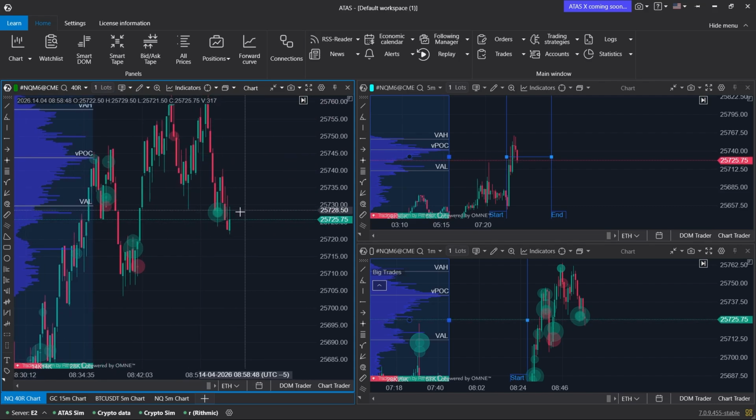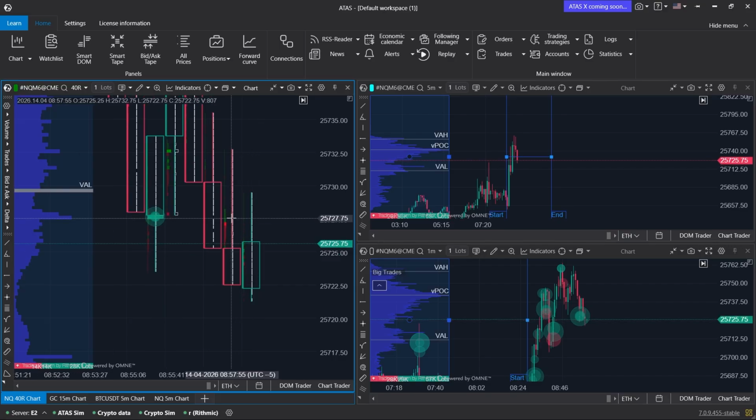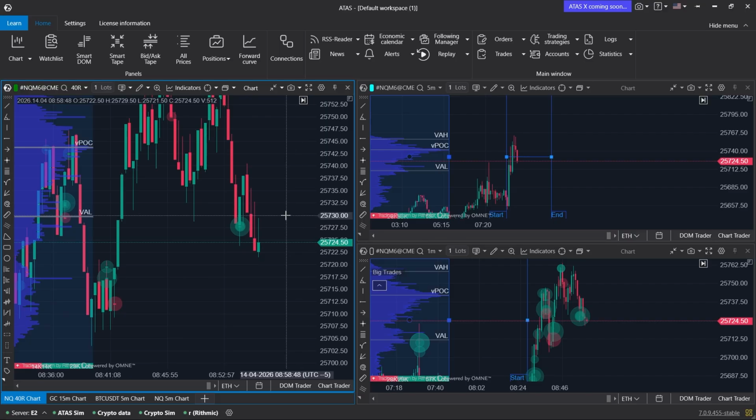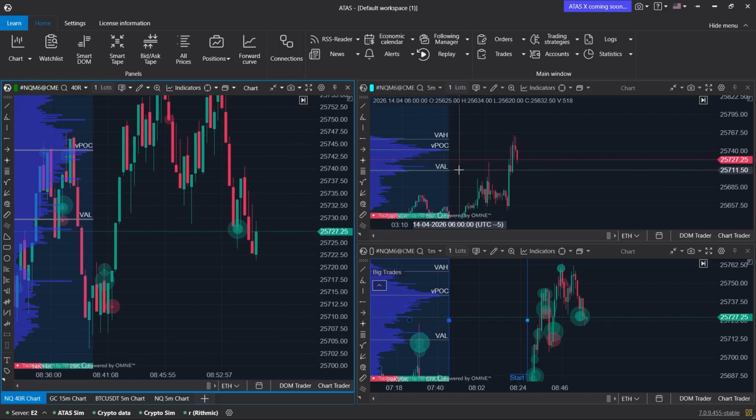I'm currently seeing that there were big buy orders placed over here, but the market is not respecting those buyers, and instead it has absorbed these buyers, right? So I might take a sell trade to the value area low.